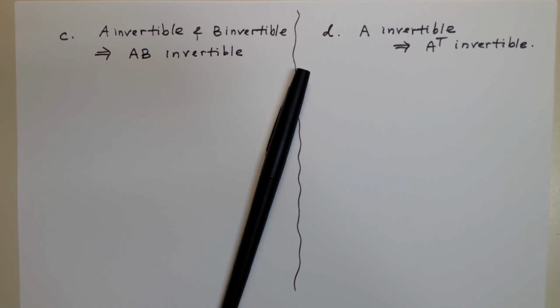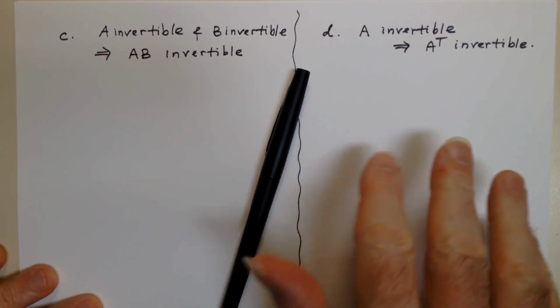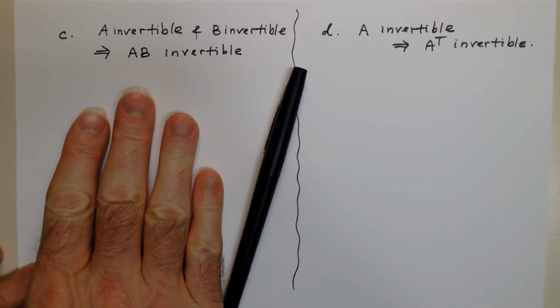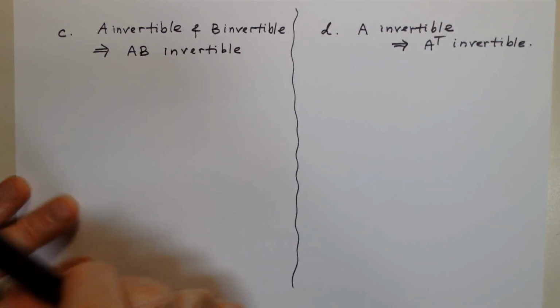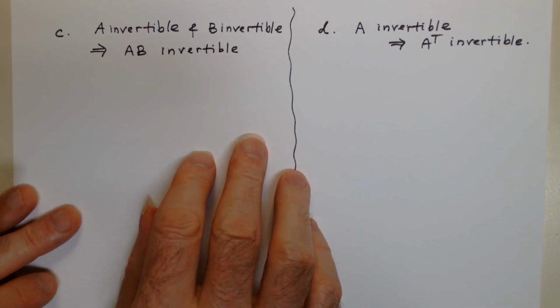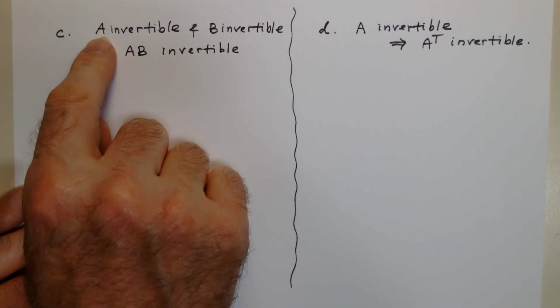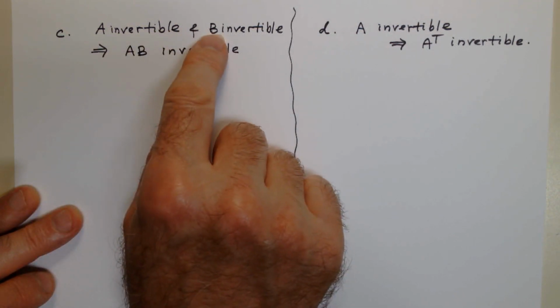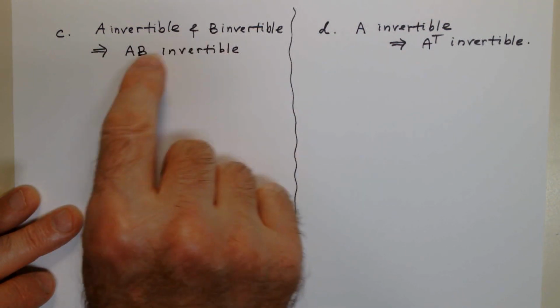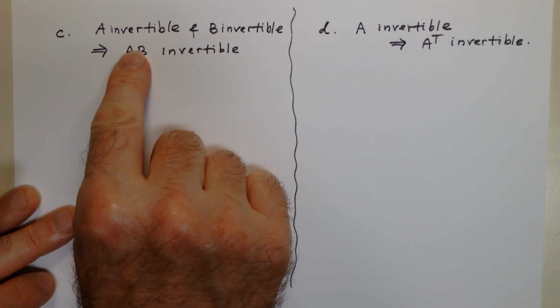All right, we want to prove properties C and D of Theorem 3.9. And I'll do these next to each other. I'll do property C here and property D here. Let's just remind ourselves of what property C is saying. It says if A is invertible and if a matrix B is invertible, then their product A times B is invertible.